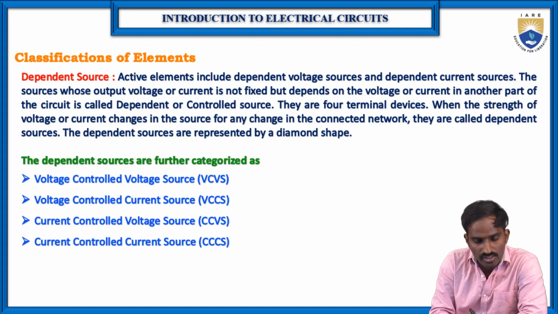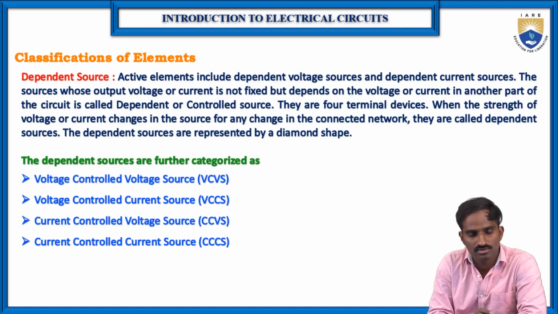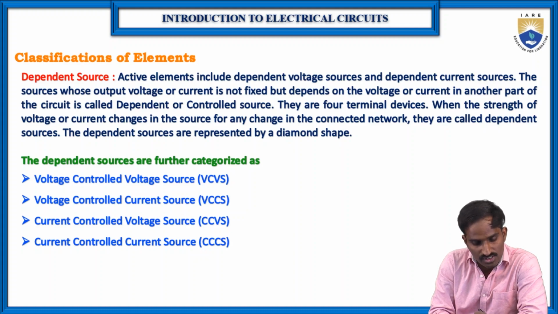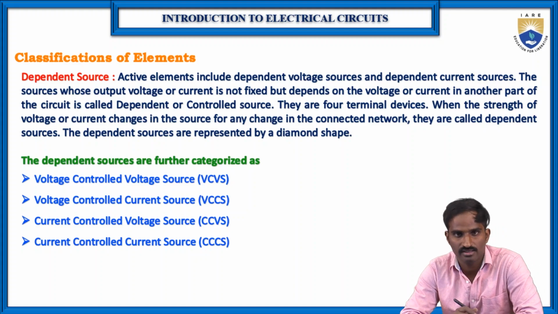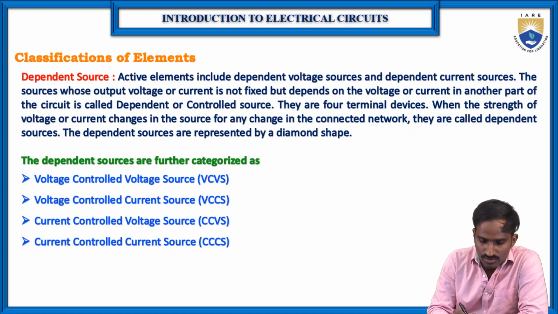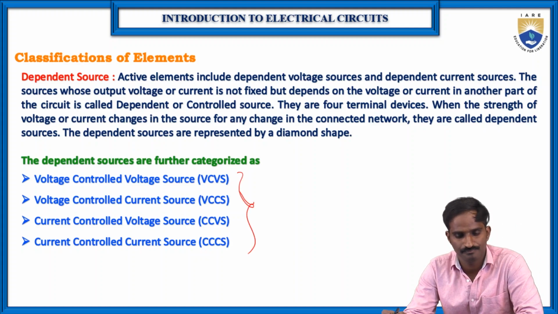The voltage controlled current source means the current source is controlled by a voltage. The current controlled voltage source means the voltage source is controlled by a current. And the current controlled current source means the current source is controlled by another current. So it is categorized into these four types.